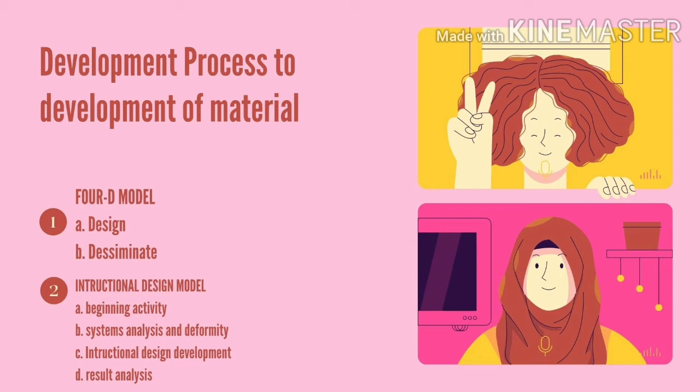To design following the define stage, developers may consider three ways to design. Number one, starting from charts. Number two, the repackaging of information. Number three, compilation of information.